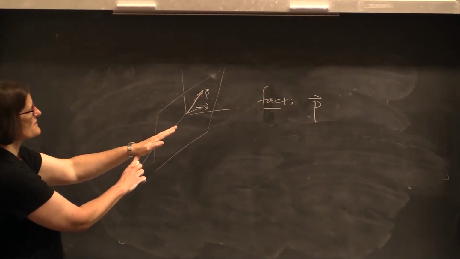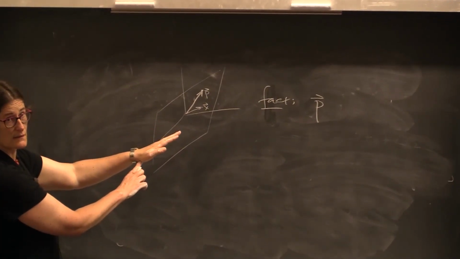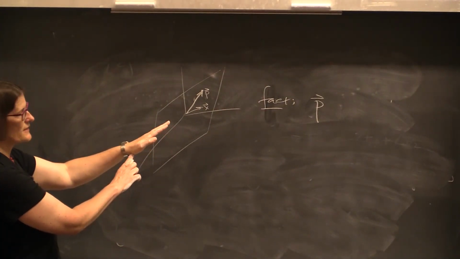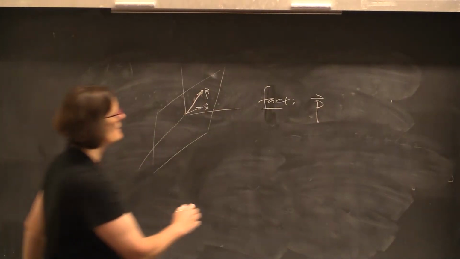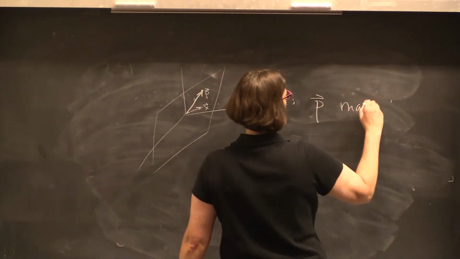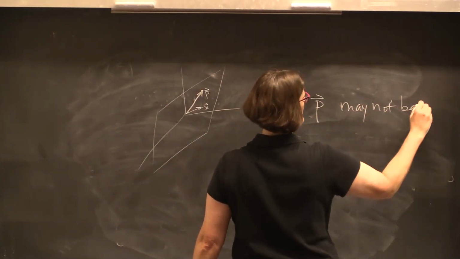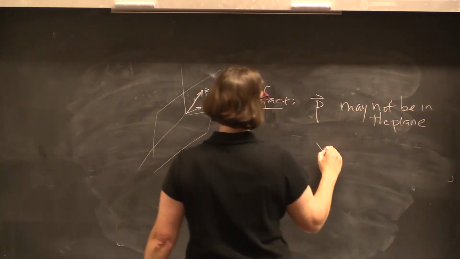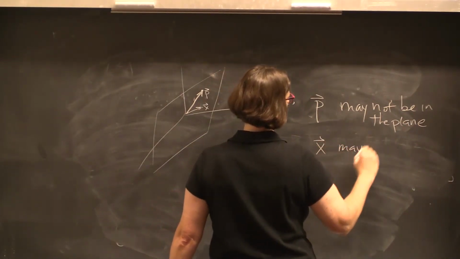The vector p is not necessarily in the plane, because whether or not p is in the plane depends on whether the plane goes through the origin, and I didn't tell you. P may not be in the plane. And x may not be.